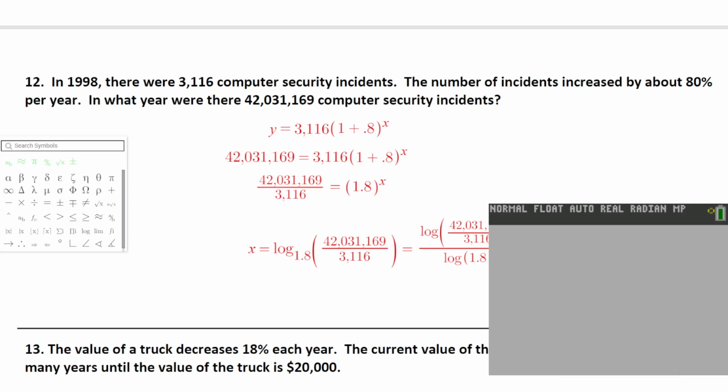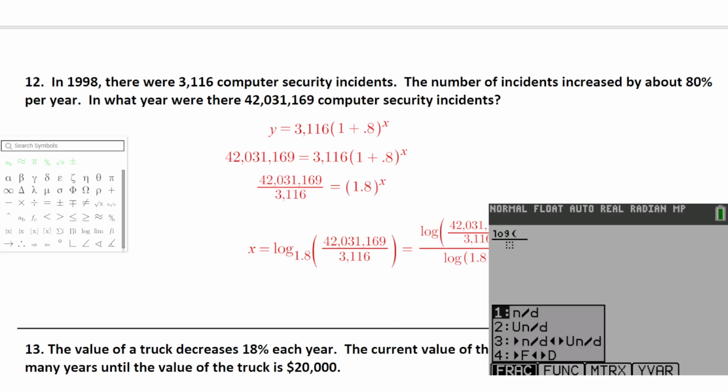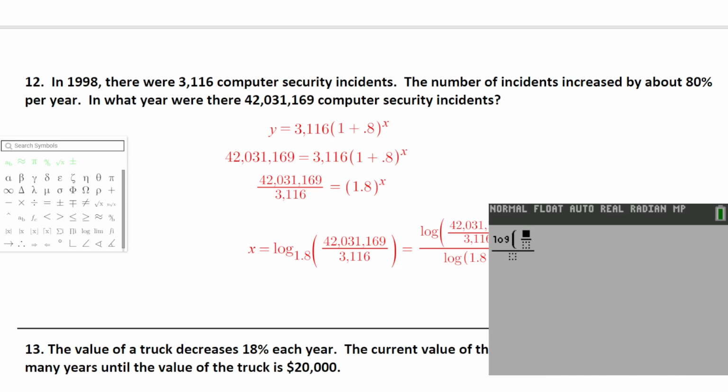So we can make a big fraction here, a log of, make sure I type this in right, 42,031,169 over 3,116. Pretty big number there. Over the log of 1.8.